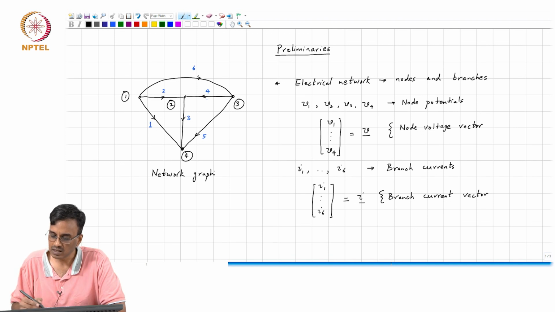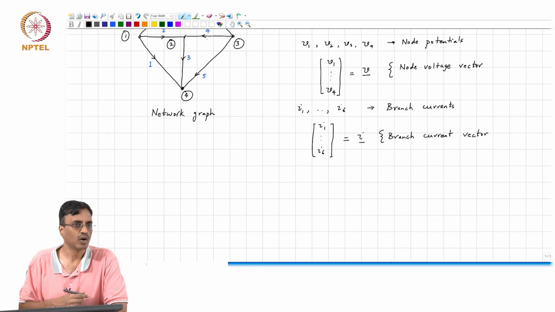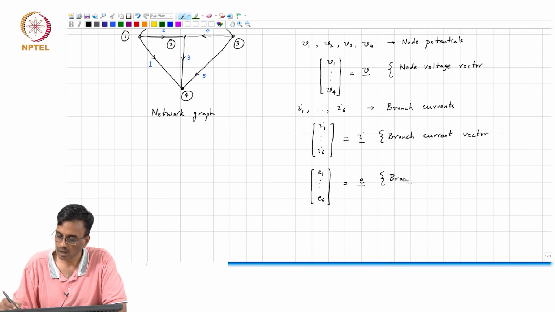And every branch is not only associated with the branch current, but also with the branch voltage, and we are going to use E1 through E6 as the branch voltage vector.